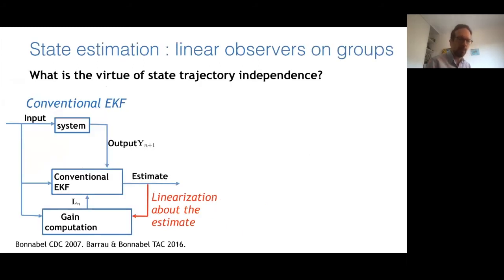So you end up with two Jacobians here that do not depend on the state. This is in contrast with the EKF, extended Kalman filter, methodology. To remind you what the EKF methodology is, the idea of the extended Kalman filter is to linearize the error system in the vector case about the estimate, and then you compute the gain and you correct the estimate through this gain.